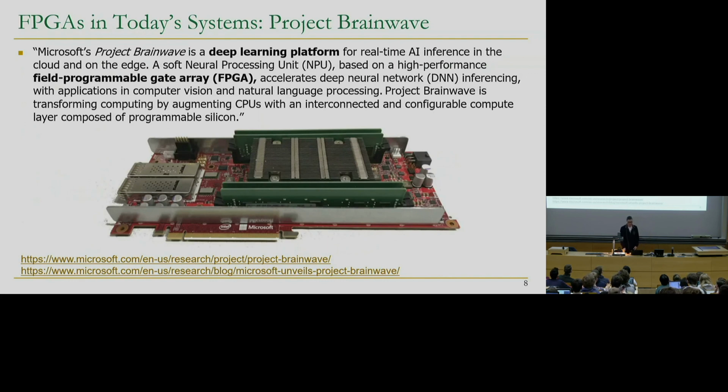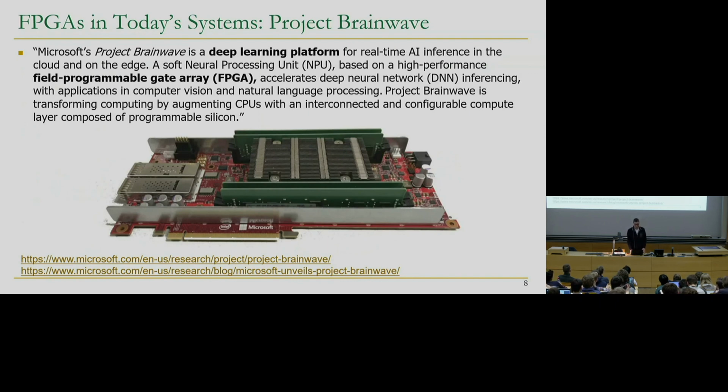So let me first show you where FPGAs are used in today's systems. Project Brainwave is a Microsoft deep learning platform, and they use it for real-time AI inference and training. FPGAs here help to do this AI training and inference very fast and in an energy-efficient manner.